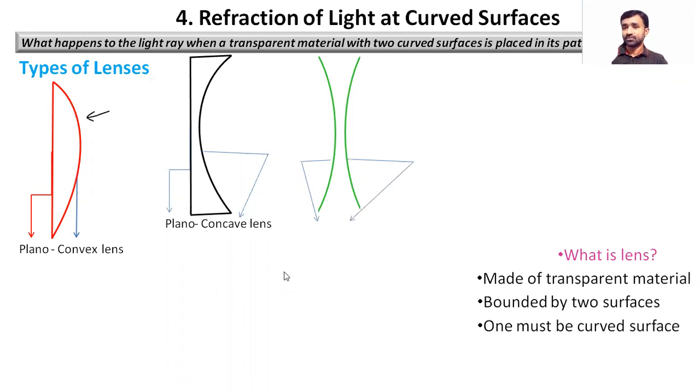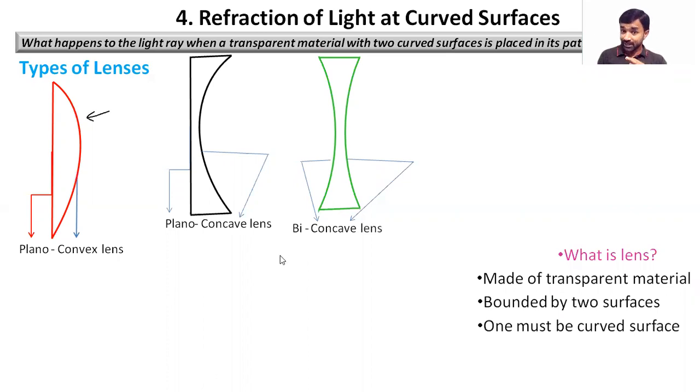Both are concave. So here, two surfaces, right? The lens has two surfaces, and both are concave. So here is a double concave surface, and we can name it with the prefix bi. So this lens is a biconcave lens.